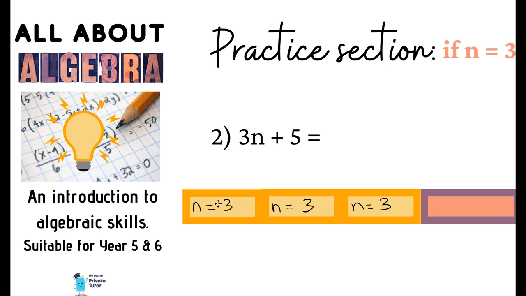And I've also got 3 n's. I've got 3 of them. I've got 1, 2, 3. Here are my 3 n's. And plus 5. So this is worth 5. So I've got 3n and I've got 5.